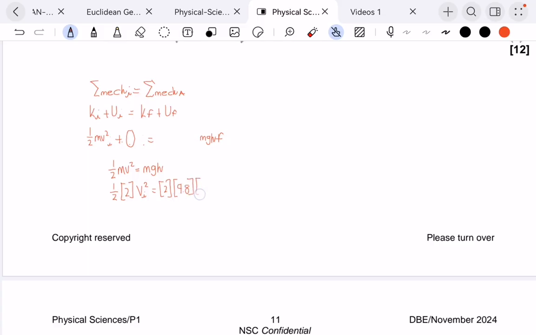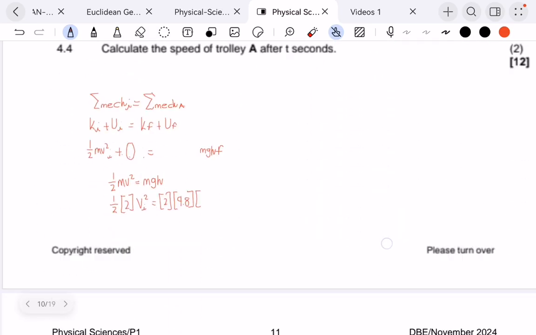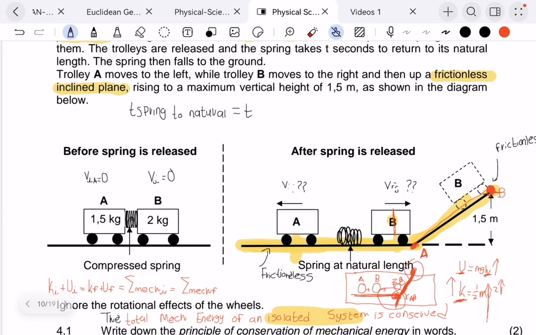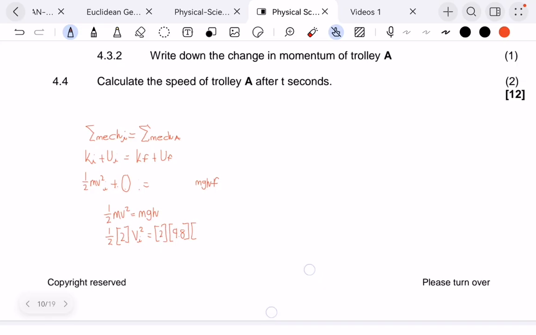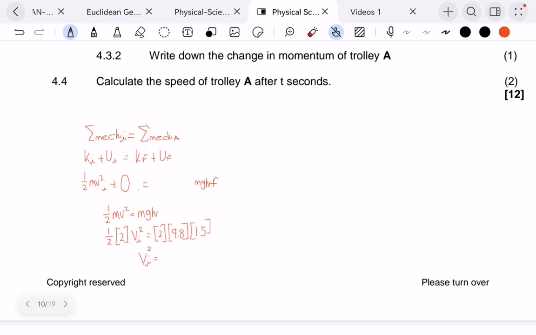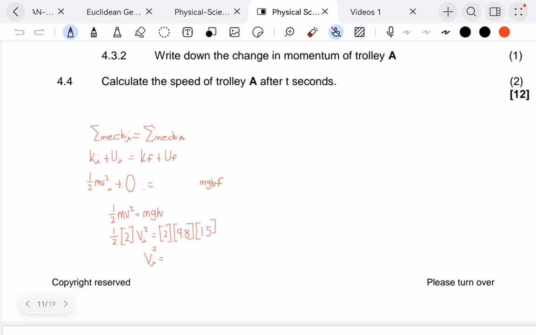The final height is 1.5, yeah, it's 1.5. So vi squared equals all of this.